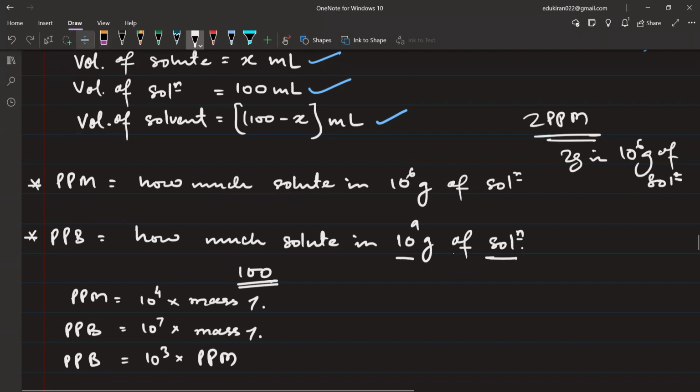Similarly, ppb is 10 to the power 7 into mass percentage. And ppb and ppm, it is going to be 10 to the power 3 into ppm, because ppm has 10 to the power 6 incorporated, ppb क्या होता है? 10 to the power 9 होता है. So 10 to the power 6 into 10 to the power 3, that is equal to 10 to the power 9. Please write this thing down.